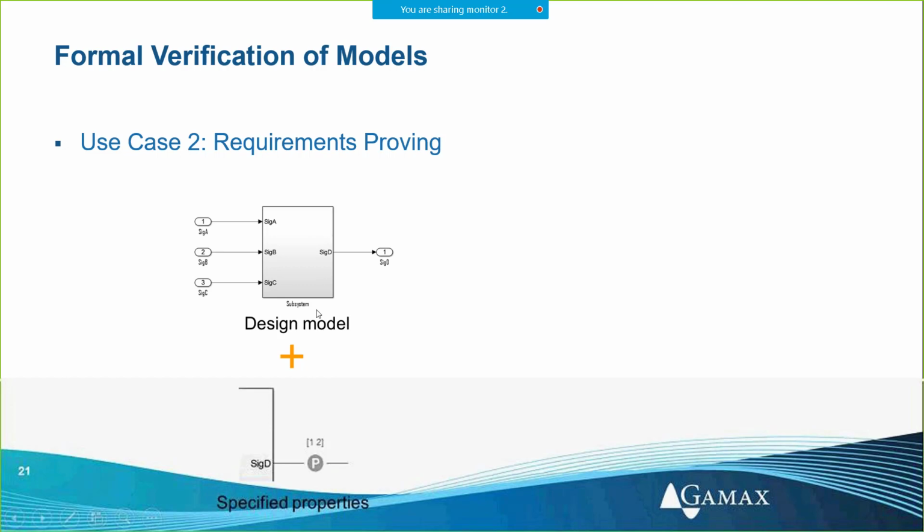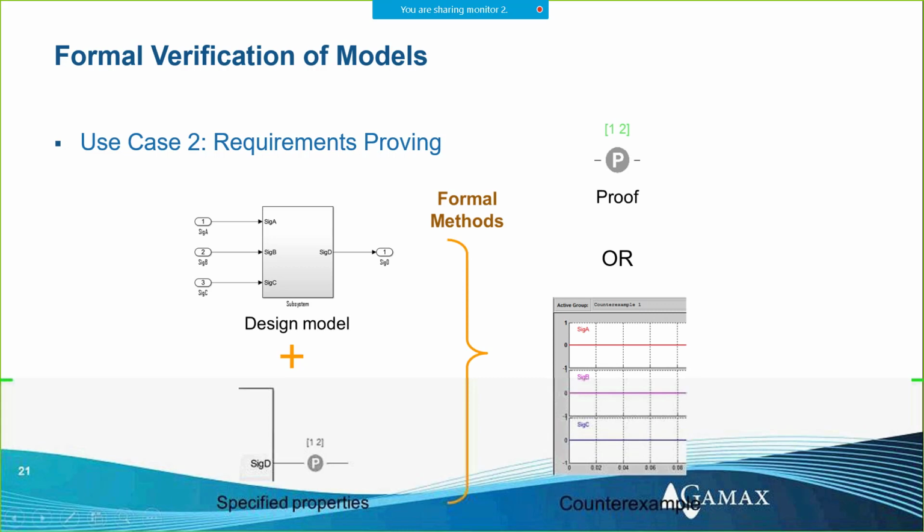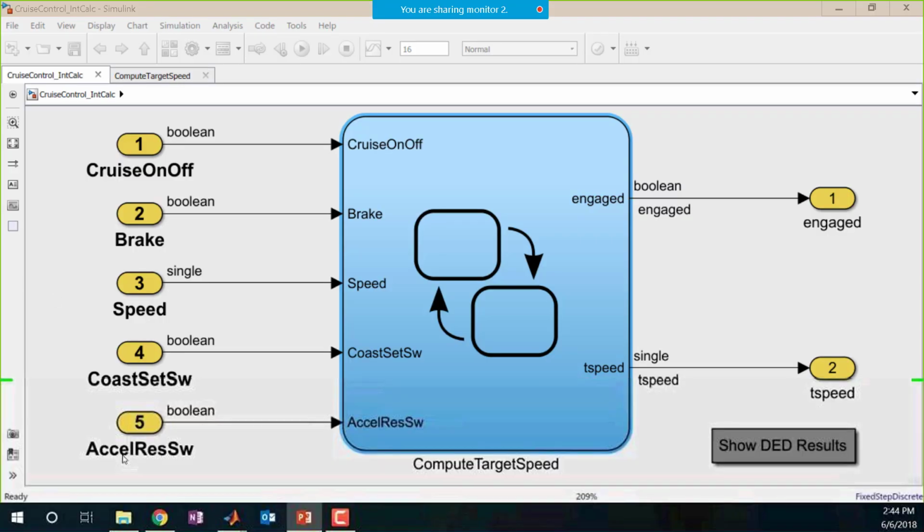This is not proven with test cases, this is proven with formal methods. So if it says that this will be true no matter what the input, then I can be sure that this is the case. Or if it is not true, it will find an example and it will automatically generate a test case which shows an example.